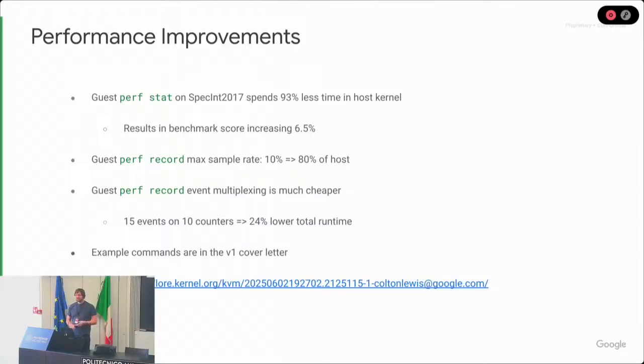Specifically, I looked at programs like gzip and stress-ng and saw 24% lower total runtime. If you're interested in more of the specifics of the commands and testing I did, they're in the V1 cover letter linked there.